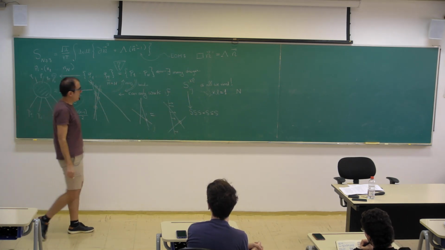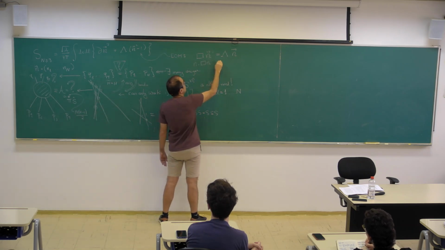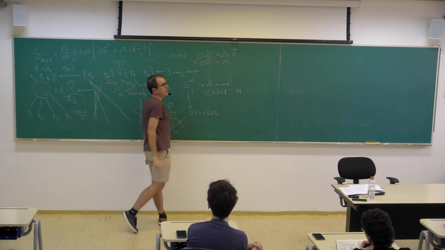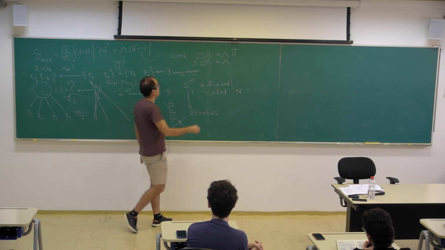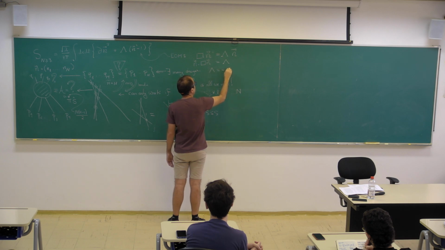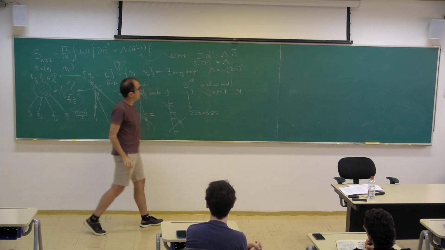And now dot this with n to get that n dot box of n equals lambda, because n squared is 1. Taking 2 derivatives of n squared equals 1, you can show that the left hand side is nothing but minus the derivative of n squared.